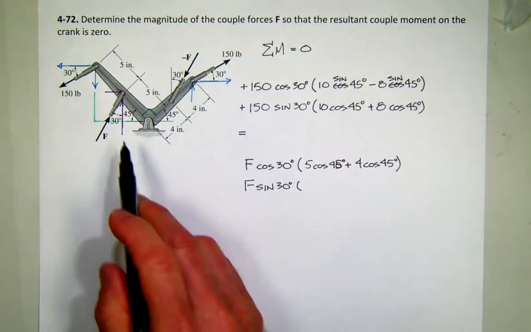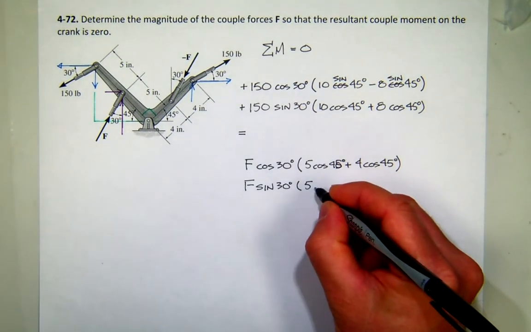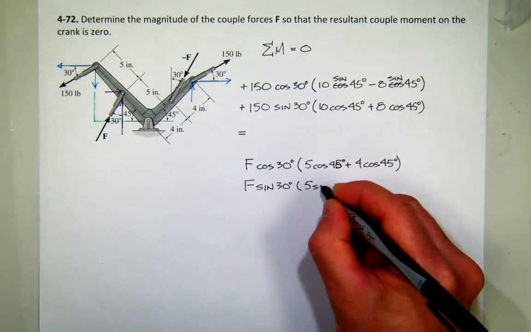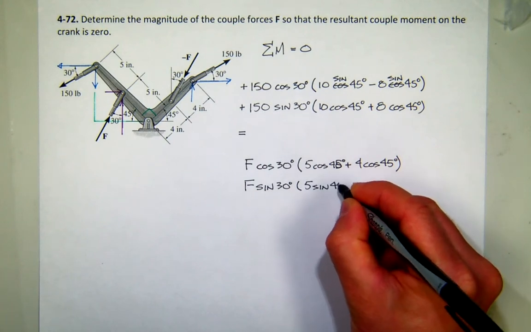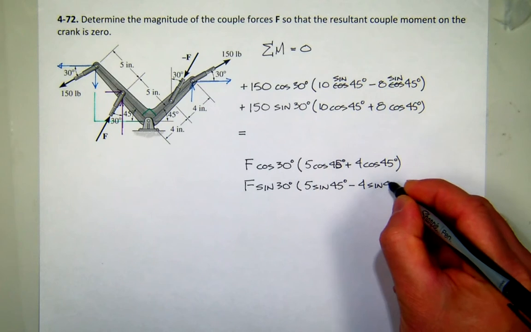And just like before, it'll be the difference in the height, so it'll be 5 sine 45 minus 4 sine 45.